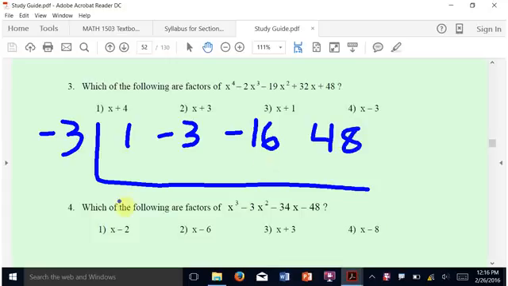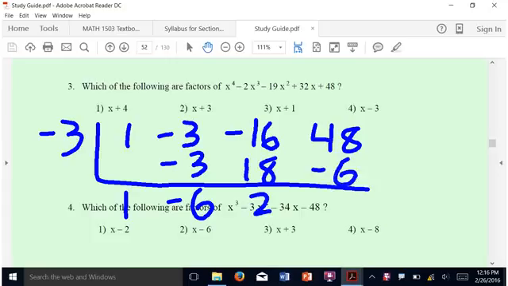So this 1 will drop down. 1 times negative 3 is negative 3, and negative 6. Negative 6 times negative 3 is 18. 48 minus 6, well, it's not going to be 0. So it's going to be 42. So our remainder isn't 0.